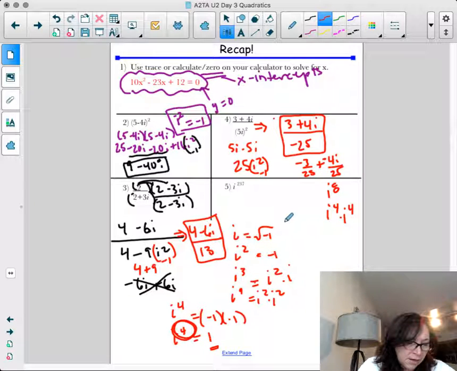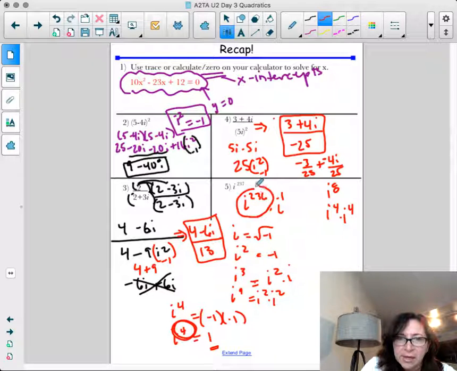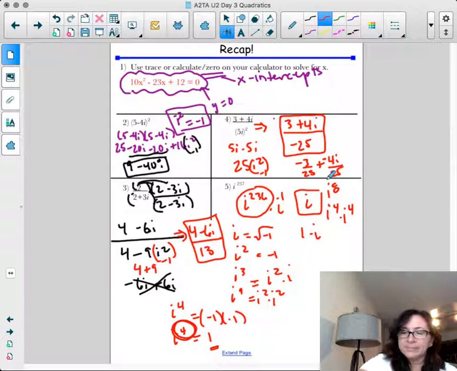So 59 times 4 is what, 236? So this is actually rewritten as i to the 236 times i to the 1. This value right here is 1. So I have 1 times i, which is just i. So that answers i.